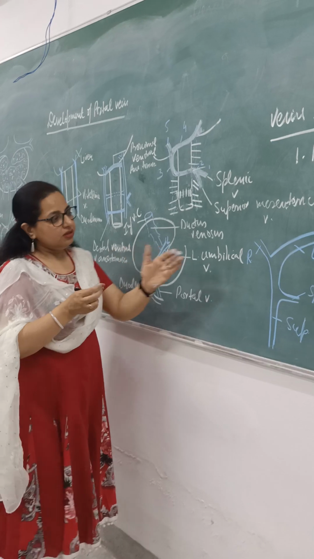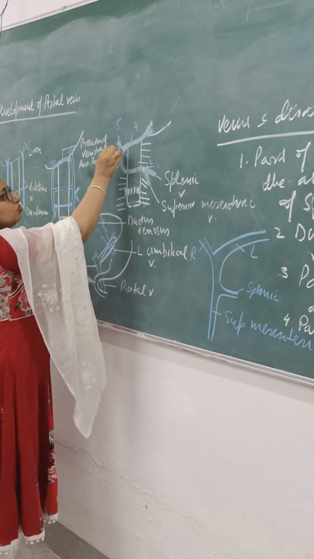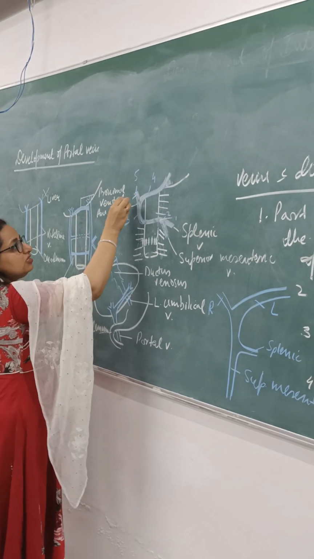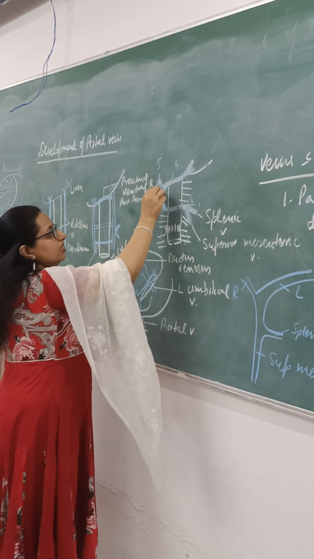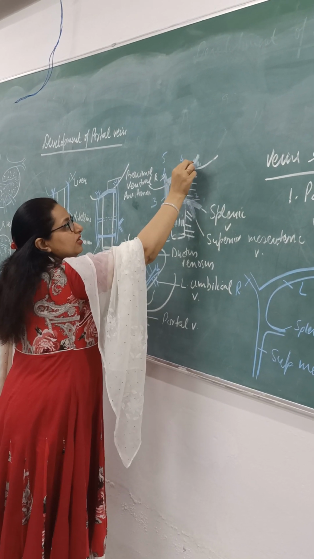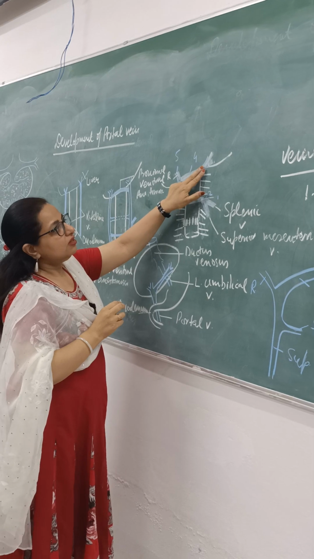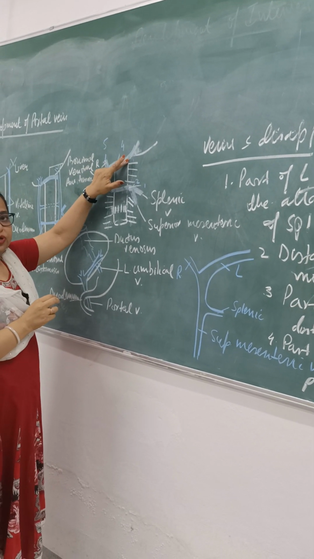Now, we have seen that the right and left branches of the portal vein are there. How are they formed? This one is the right branch of the portal vein, whereas the proximal ventral anastomosis along with the remaining part of the left vitelline vein will form the left branch of the portal vein.